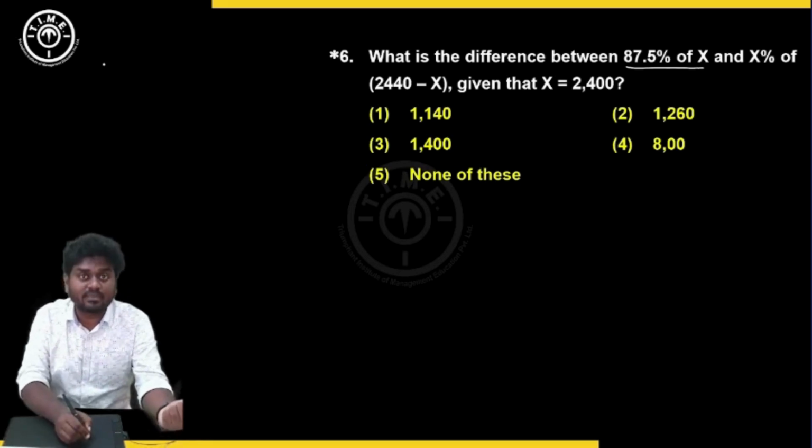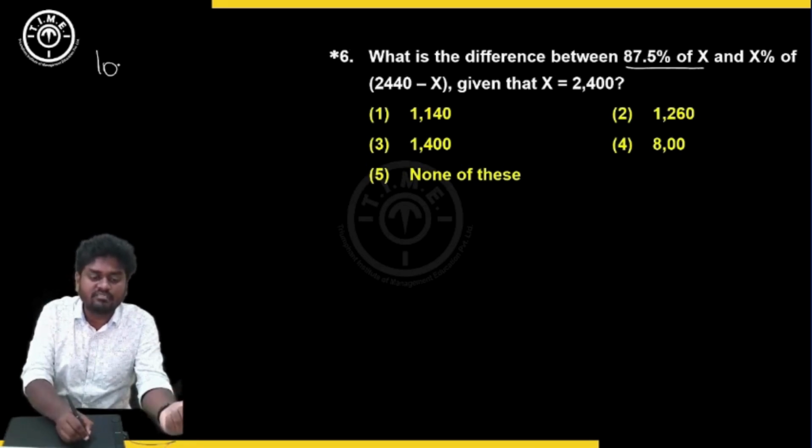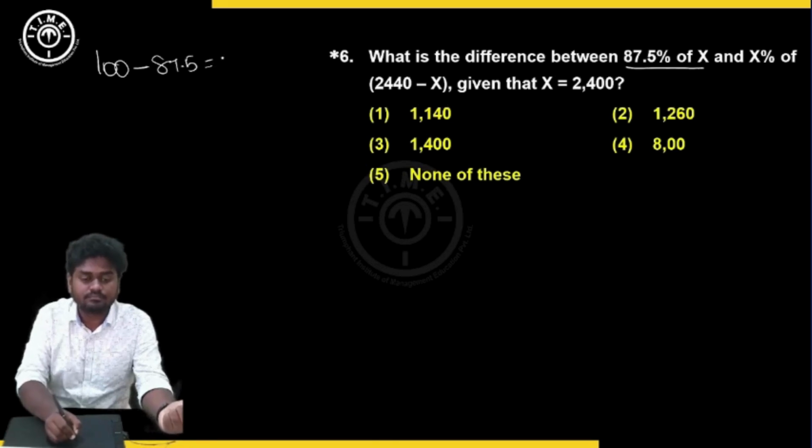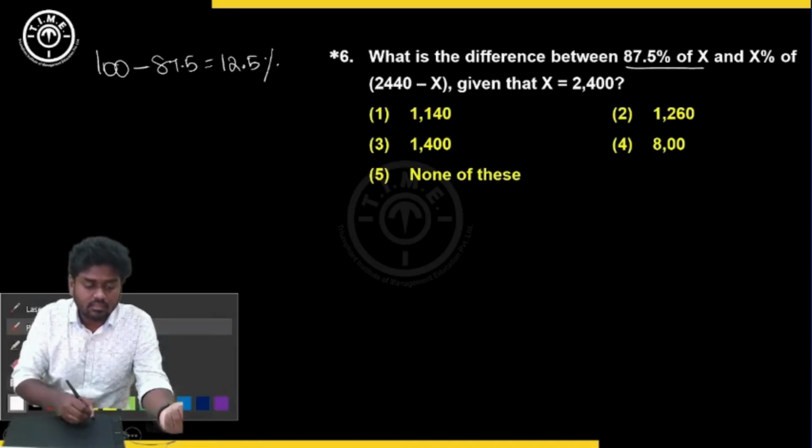Since it is given in percentage, let's try converting it into a fraction. Now simply if I do 100 minus 87.5, I get what? I get 12.5%. Correct? Yes or no?